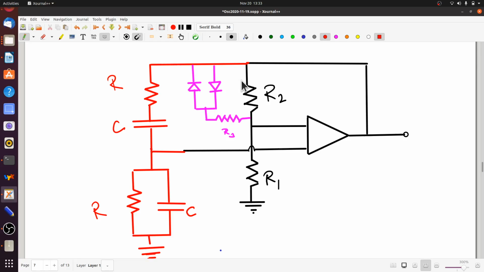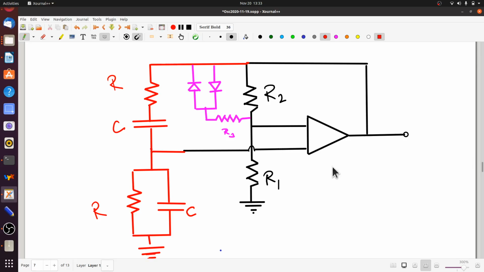So this is how essentially the diode and resistance combination limits the output in a Wien bridge oscillator. Why do you need two diodes? Because you want to limit both the positive half of the cycle and the negative half of the cycle. If you had used only one diode, then only one half of the cycle would have been limited in amplitude, and you would have had saturation and hence distortion in the other half of the cycle.